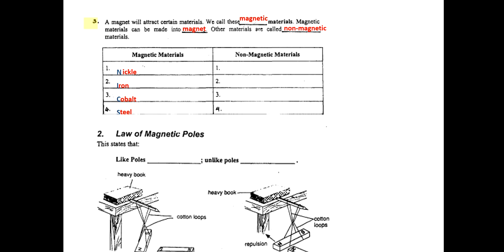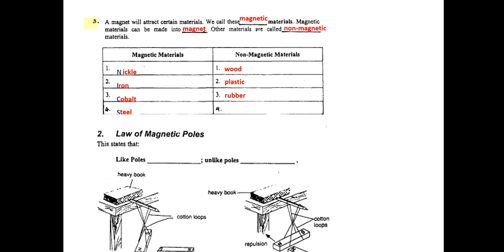All right? Now, how about non-magnetic materials? Non-magnetic materials, I think we have a wide variety of them. Many. Just to give a few, we have wood, plastic, rubber, and glass, for example. All these are non-magnetic.